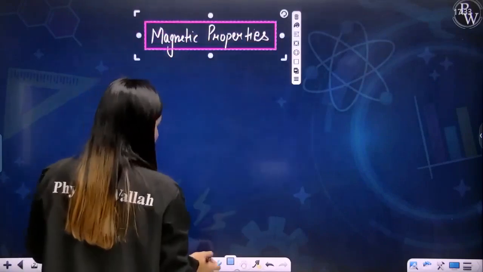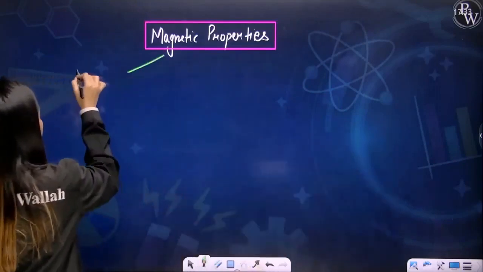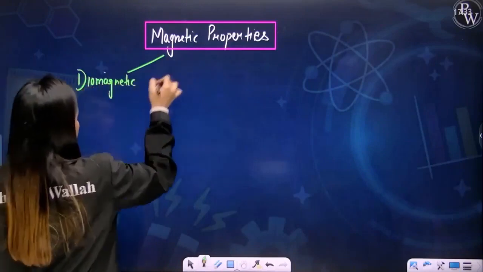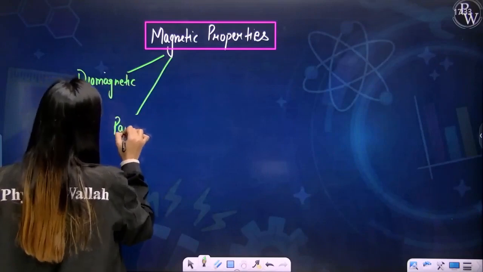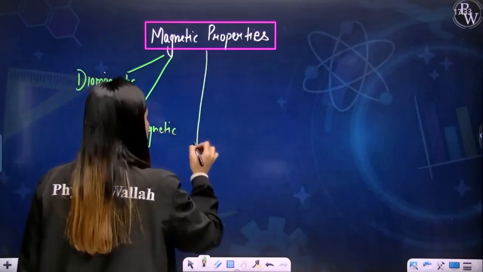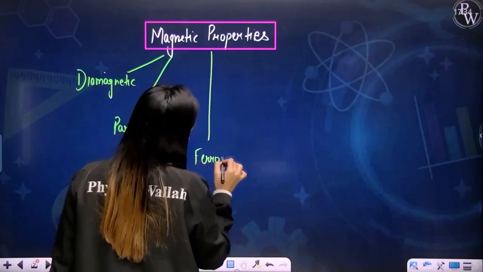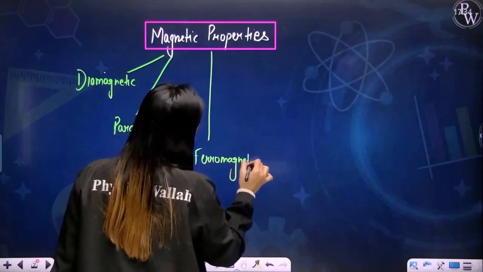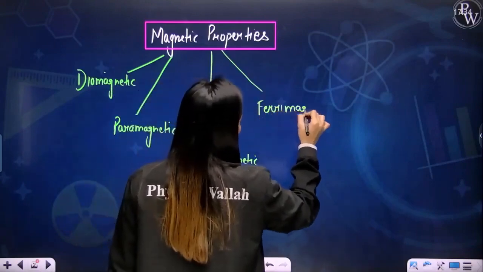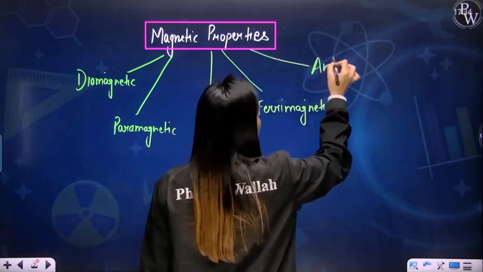So the various types of magnetic properties that we will be discussing today are, first, the diamagnetic property, then the paramagnetic property, then it could be ferromagnetic property, ferrimagnetic property, or antiferromagnetic property.